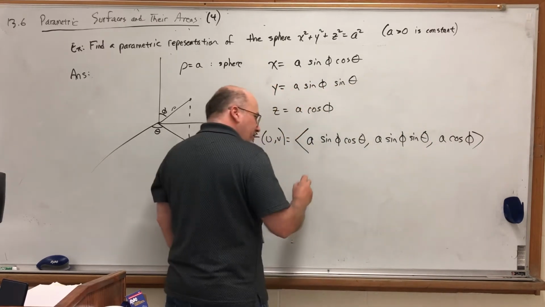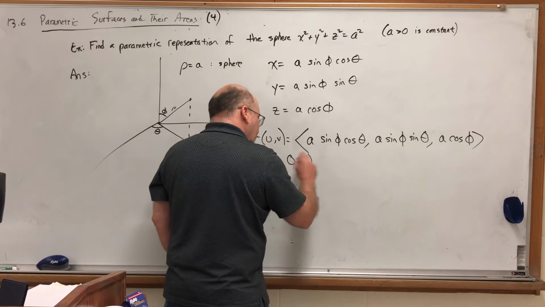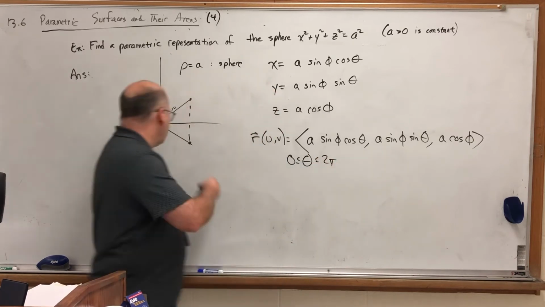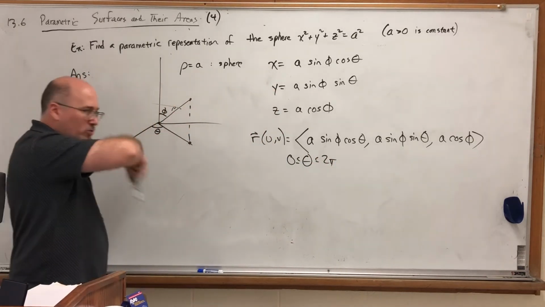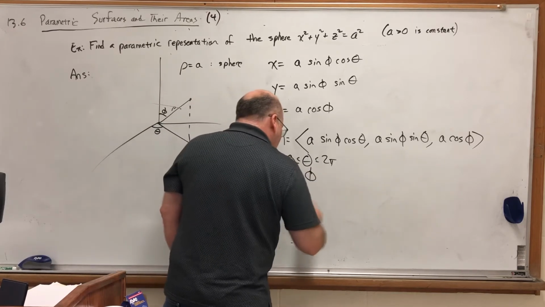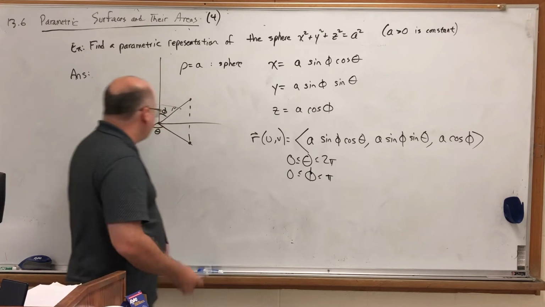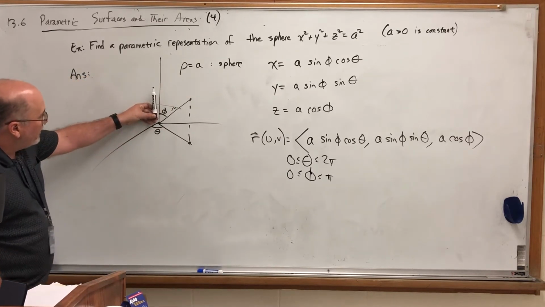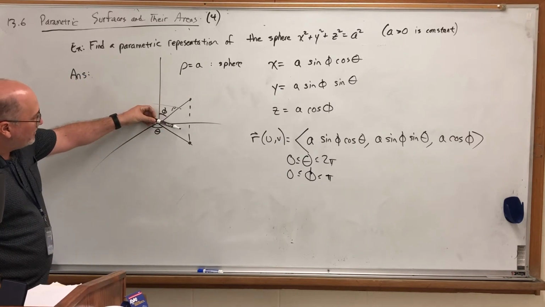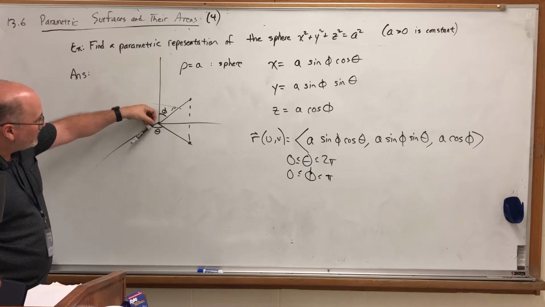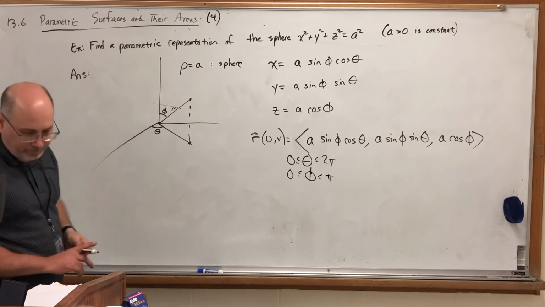And just for clarity, theta only has to go between 0 and 2 pi because we make one complete revolution on the xy plane. But phi only has to go all the way to pi because as a tilt angle, to get from the North Pole to the South Pole, you only have to tilt a half revolution. Going beyond that is pointless because you could just go the other direction.